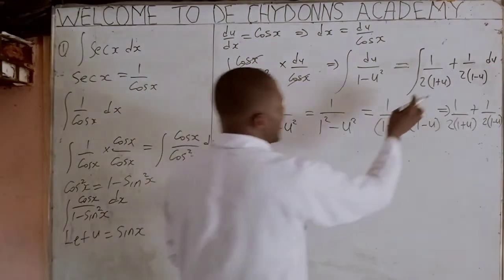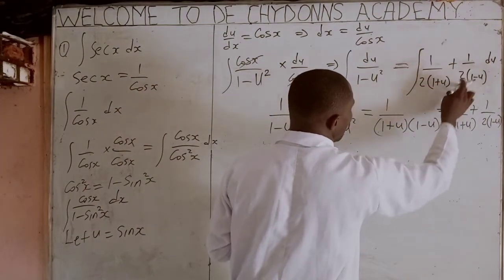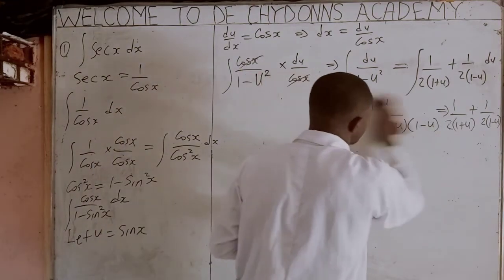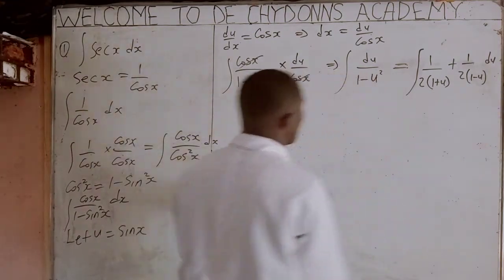Okay, you can see that this will have 1 over 2 in common. So what we now do is that we factorize out 1 over 2.